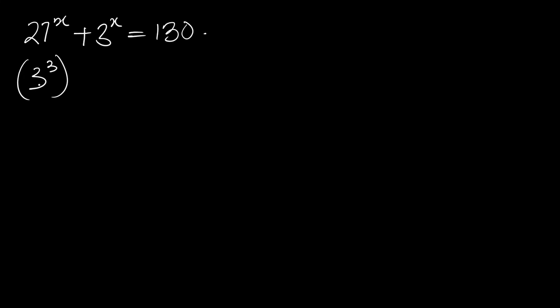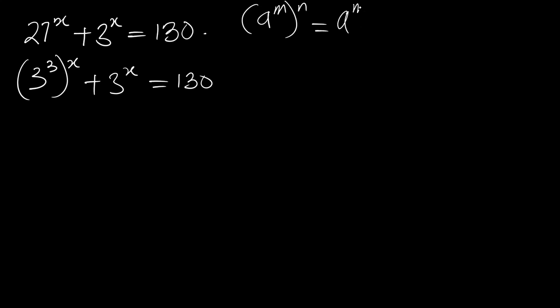So 27, 3 to the power 3, all to the power x plus 3 to the power x is equal to 130. Now, according to the law of indices, if you have a to the power m all to the power n, it's the same thing as saying a to the power mn, and interchangeably this is the same thing as a to the power n all to the power m.